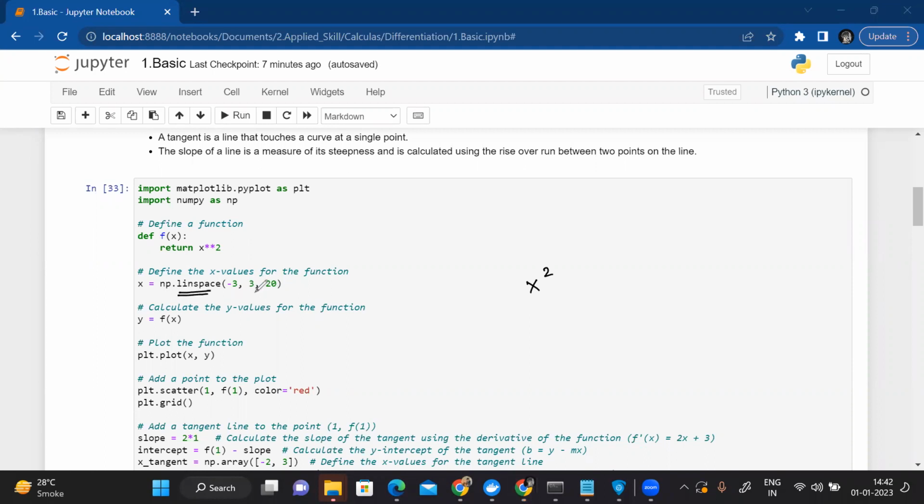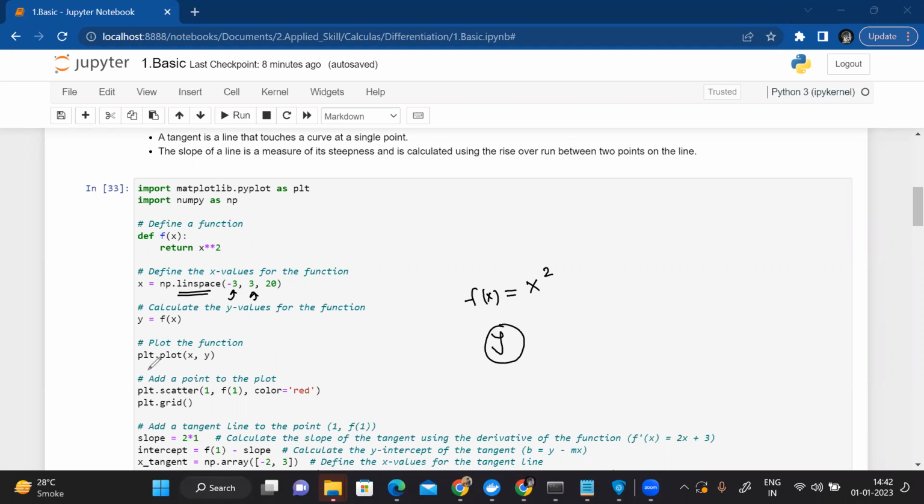By using this, we are generating points from -3 to 3. We have the function f of x equal to x square, and for each point from -3 to 3, I'm calculating f of x and storing it in y.